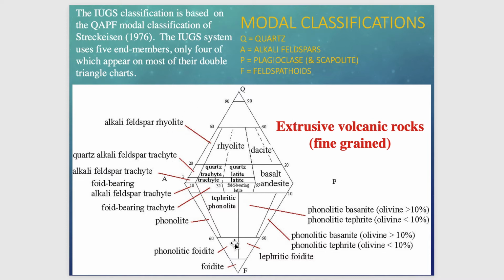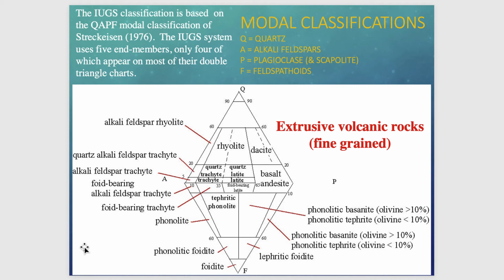Okay, these are the silicic ones. If you go down here, we have usually tephritic rocks versus phonolitic rocks, but they are a bit out of the scope of this course.